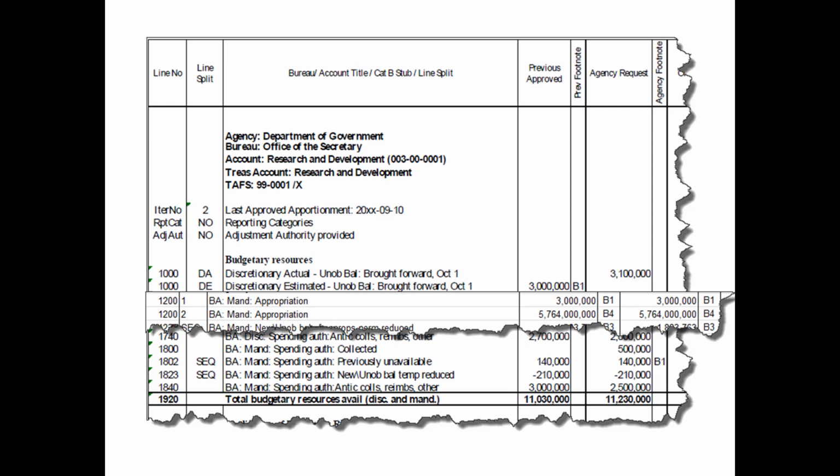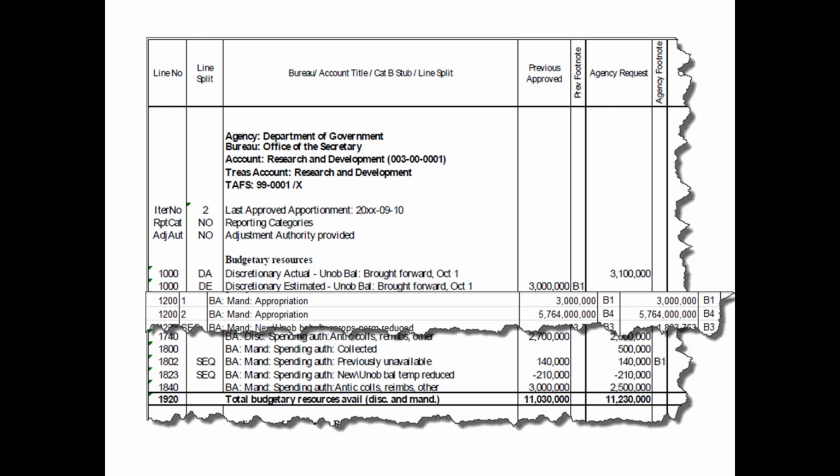There are lots of options, but one note of caution. You can only use line number splits in the budgetary resources section, the 1000 lines. You cannot use the line number splits for the application of budgetary resources, the 6000 lines.